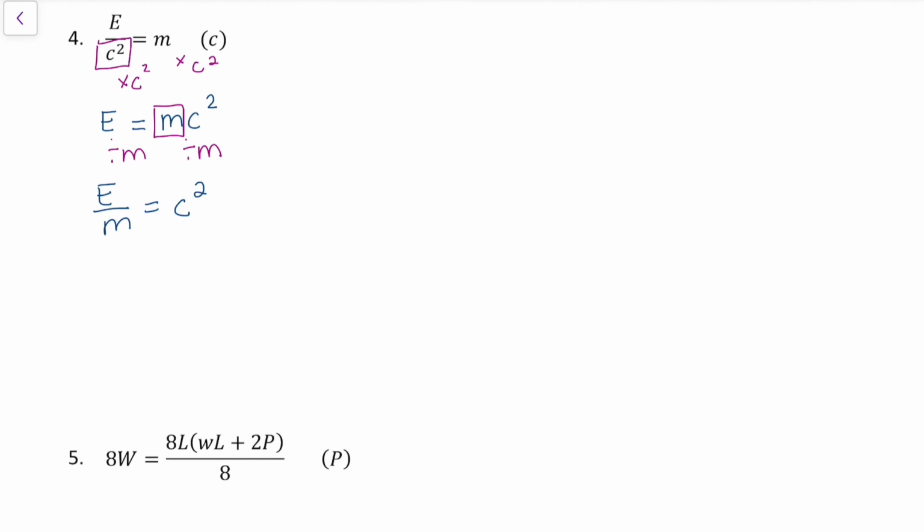And now the c is still not by itself because it has this squared. We want just c. So to get rid of or undo a square, we're going to square root. So we're going to square root both sides, which gives us the square root of e over m equals c.